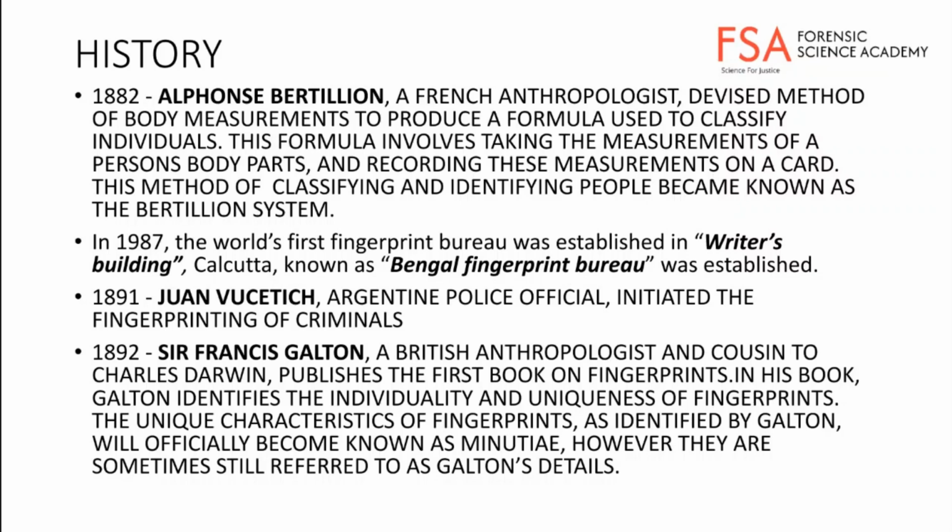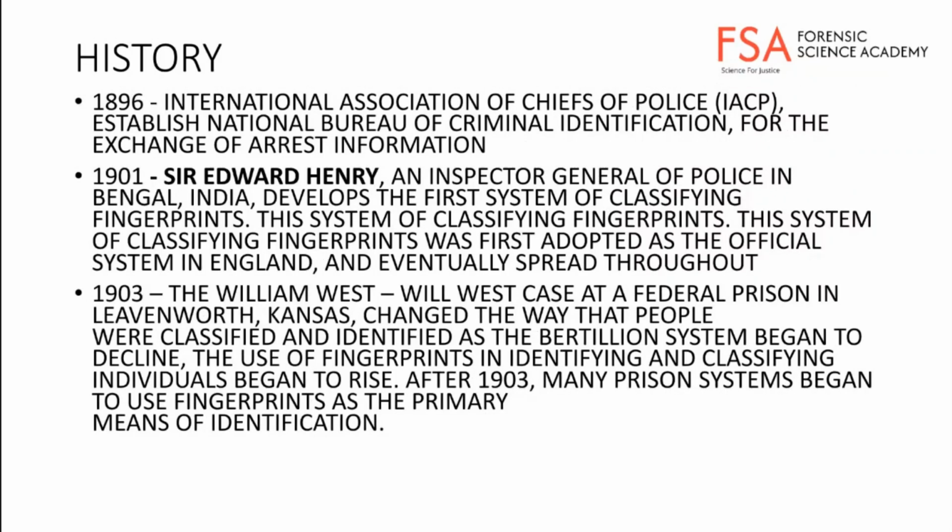However, these minutiae are sometimes still referred to as Galton's details. In the year 1896, the International Association of Chiefs of Police, that is IACP, established the National Bureau of Criminal Identification for the exchange of arrest information.